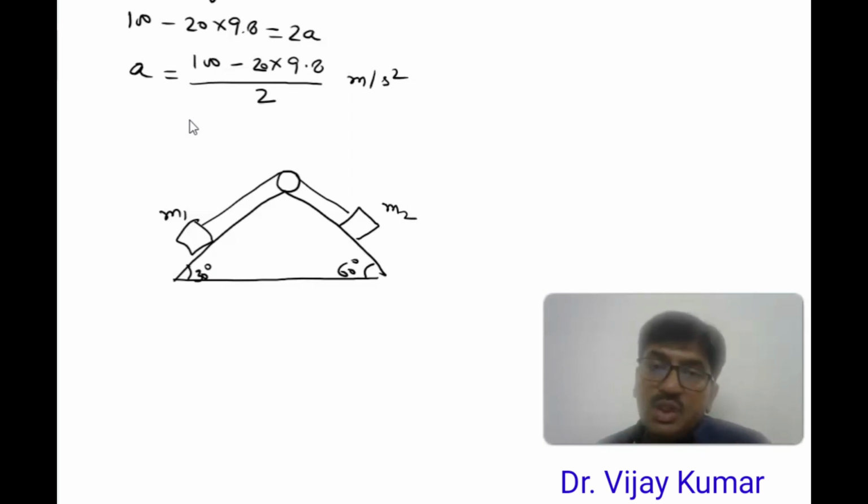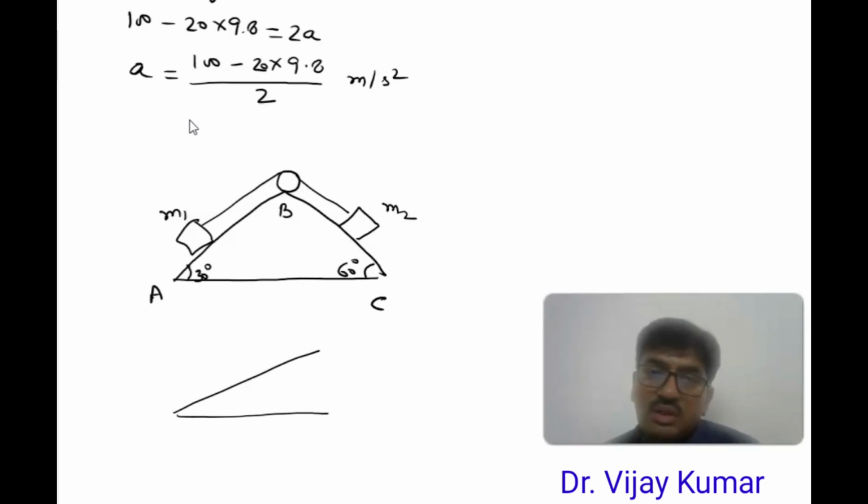In this case, suppose this is A, this is B and this is C, and if I discuss AB, it should be 30 degree, mass M1, and due to the string, tension should be in this direction, and weight should be downward, M1g.